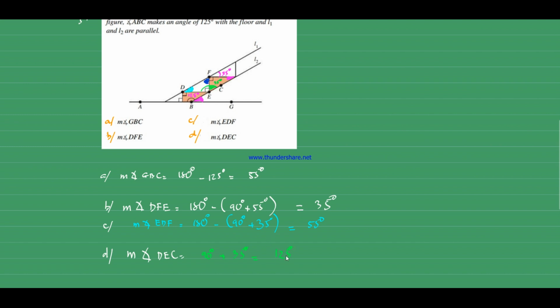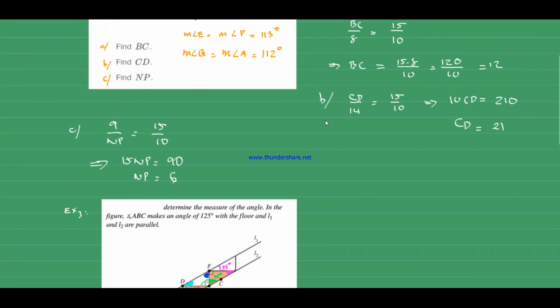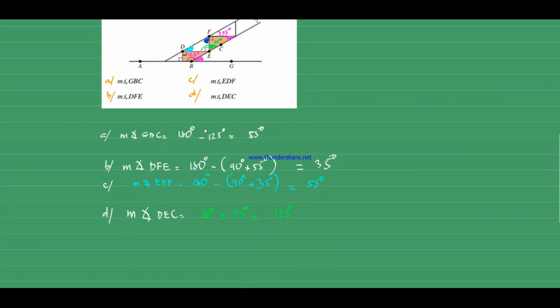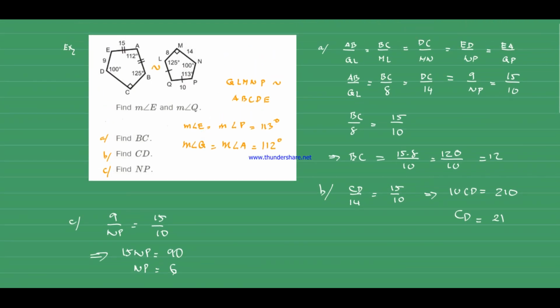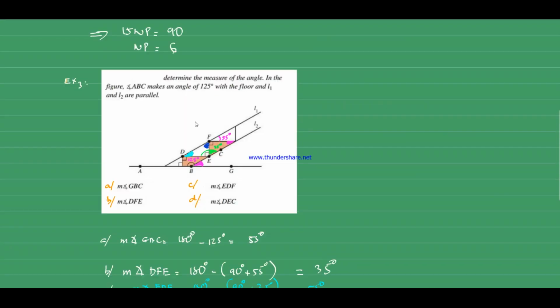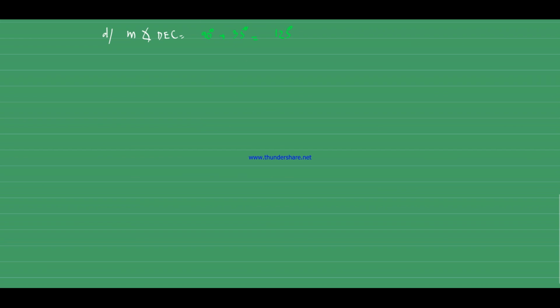There you go. So example 3 over here has nothing to do with the similarity concept, but I want to use all the concepts we learned so far in terms of angles and parallels so that we can solve this.